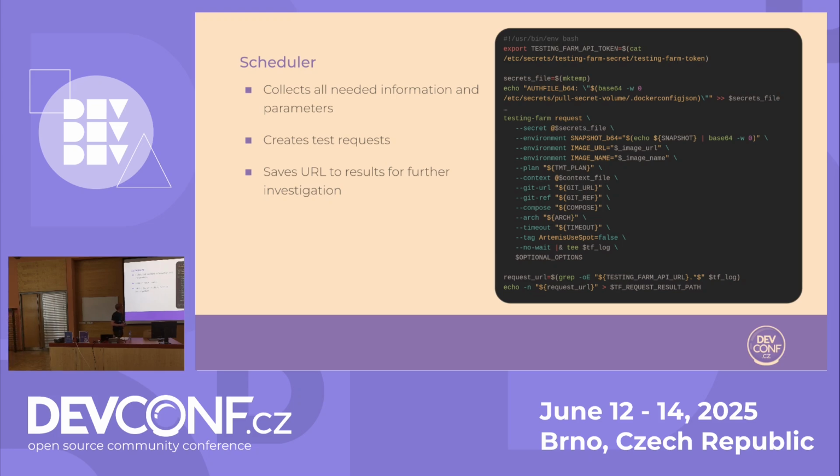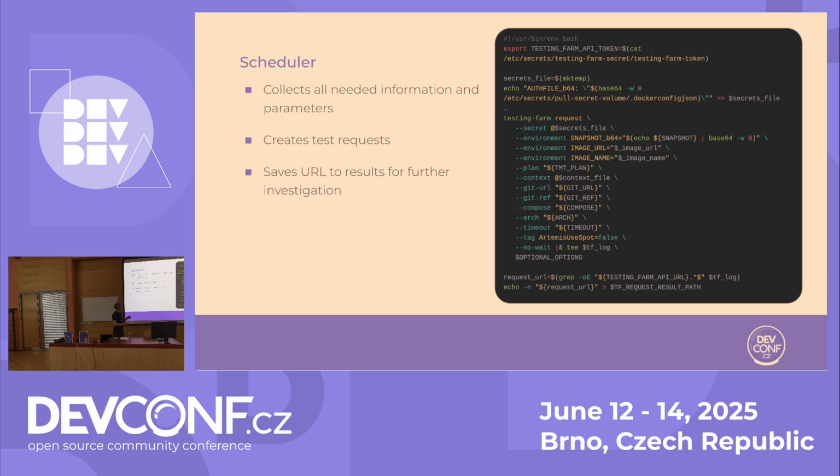Here is the bash script for it. In the first two lines, we are exporting the Testing Farm API token and preparing secrets files with the pull secret name we generated earlier. Then I cut the script, but there it goes.